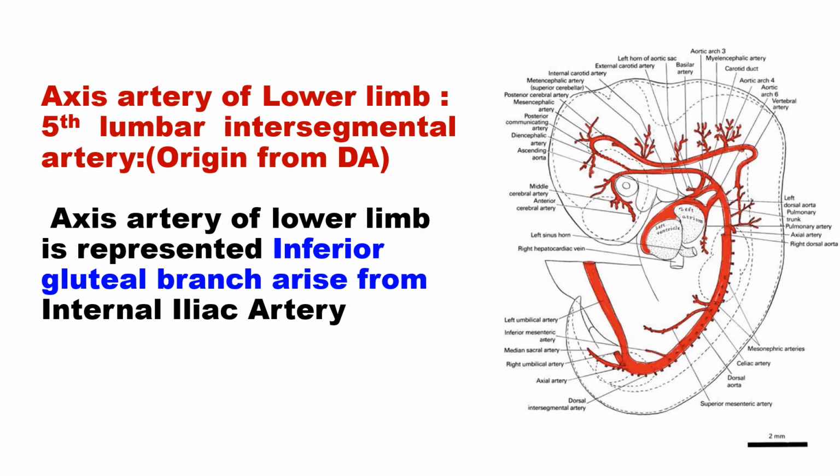Similarly, the axis artery of the lower limb is the fifth lumbar intersegmental artery, which also arises from the dorsal aorta. The axis artery of the lower limb is represented as the inferior gluteal branch, which is finally incorporated into the internal iliac artery.